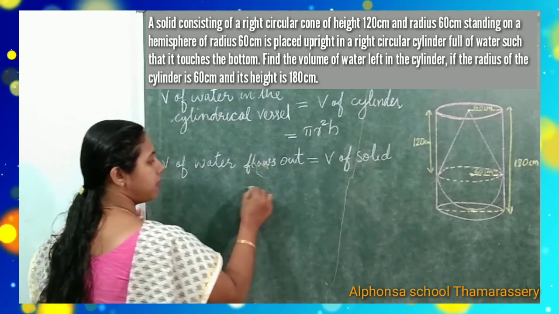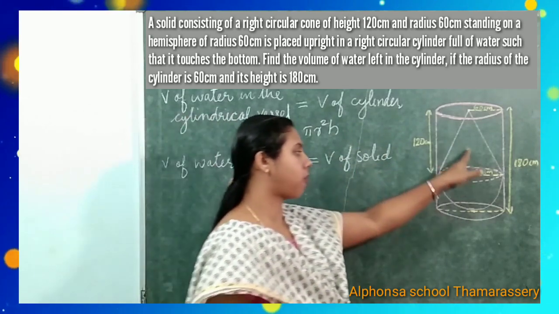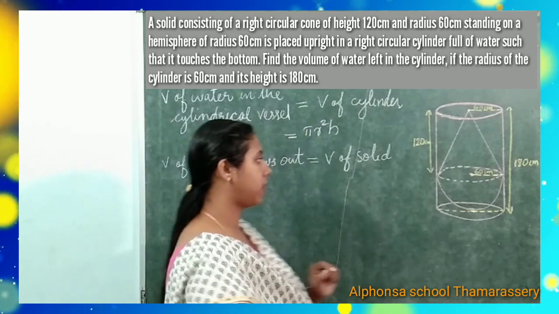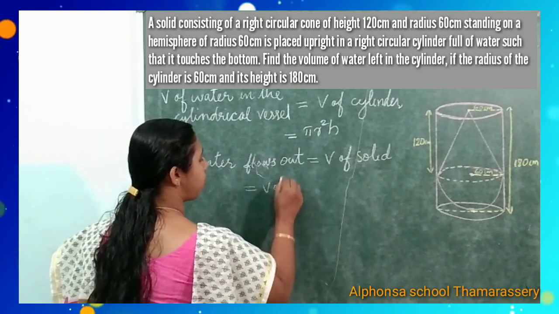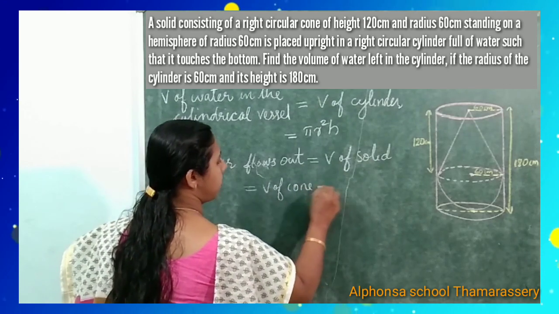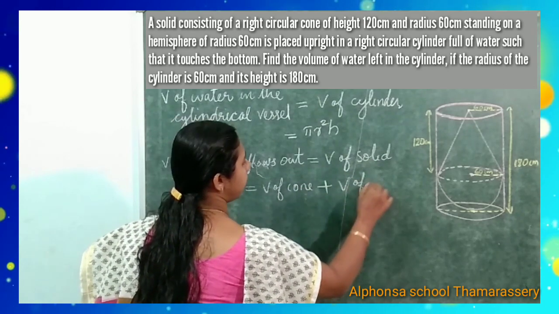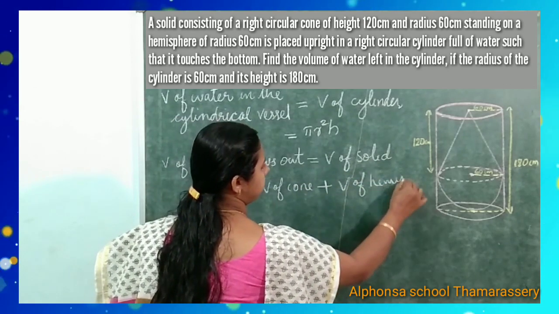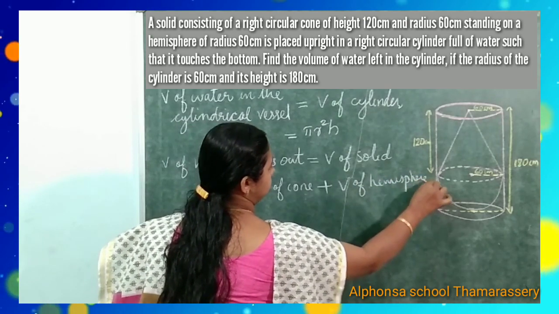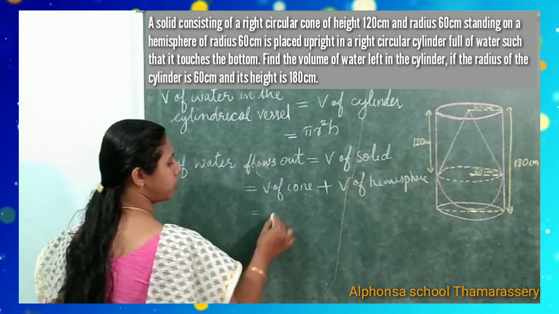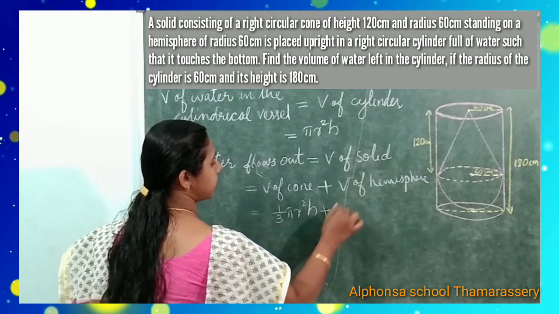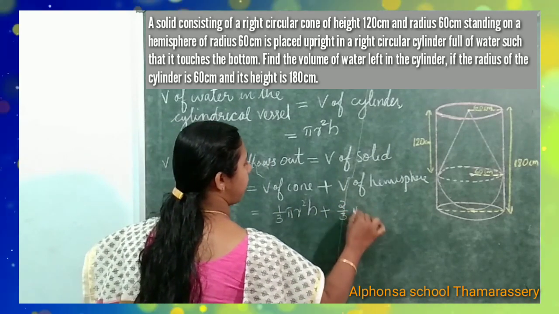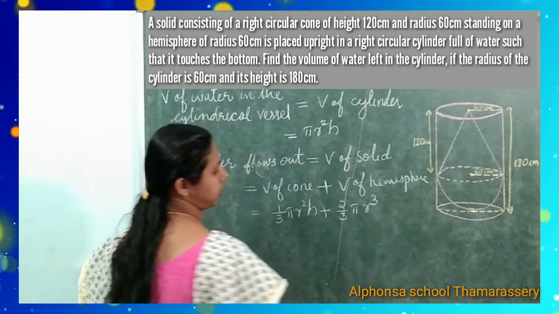Volume of solid means the combination of cone and hemisphere. So volume of solid is equal to volume of cone plus volume of hemisphere, which is equal to 1 by 3 pi r square h plus 2 by 3 pi r cube.